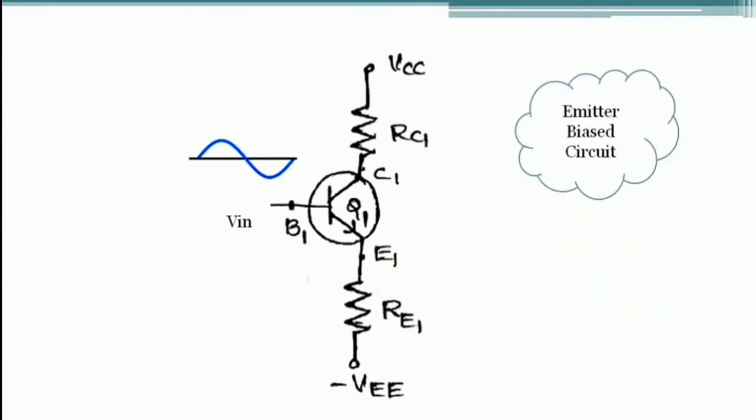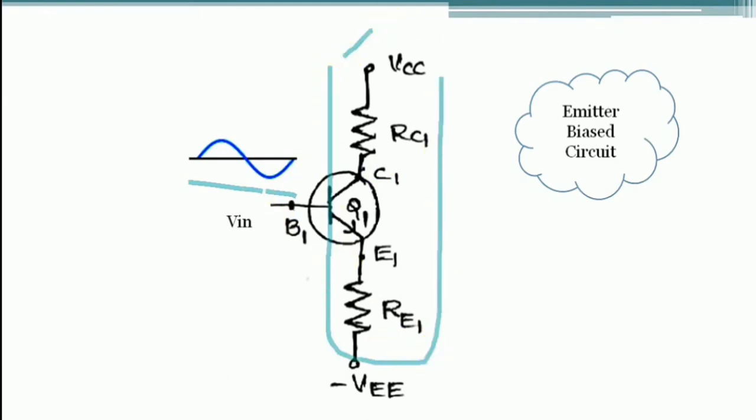Now with this circuit, we are considering the analog signal as a weak signal. Why? Because the differential amplifier has to perform the amplification of your incoming signal. So we are considering a weak signal, and this signal is passed through this network.